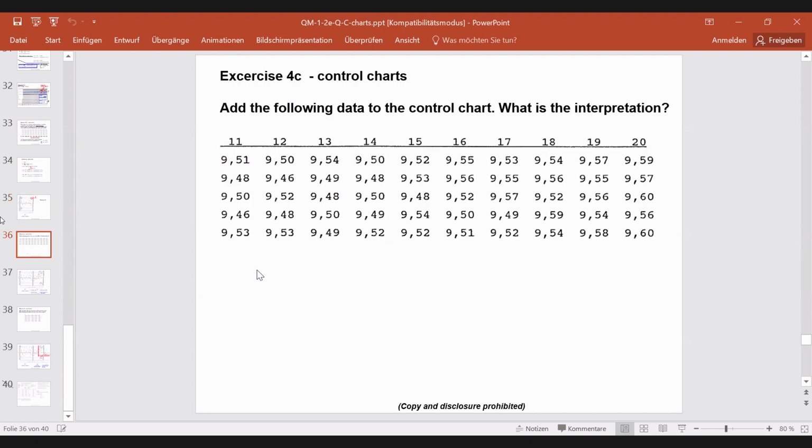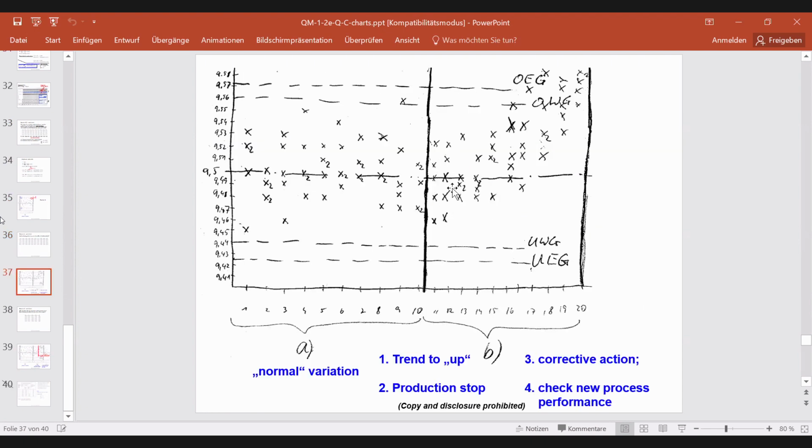Now they did different measurements. Again, these 10 samples with a sample size of 5. And then they put this into the control chart and they see it is running well until sample number 5.